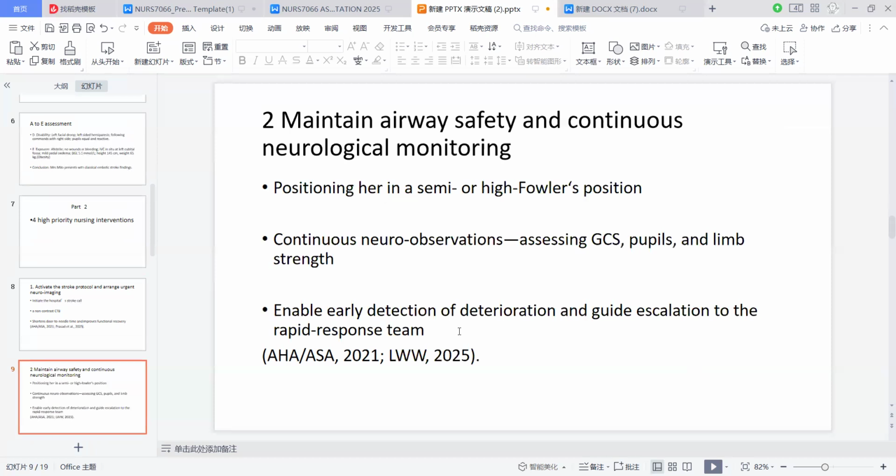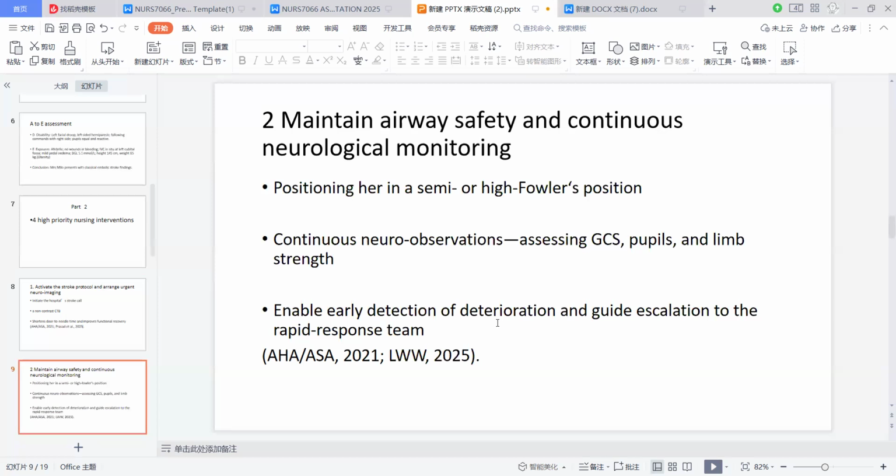The second intervention is to maintain airway safety and continuous neurological monitoring. Because Mrs. Mayo has a GCS of 12, which is declining from normal levels, and she also has slurred speech, airway protection is a high priority.